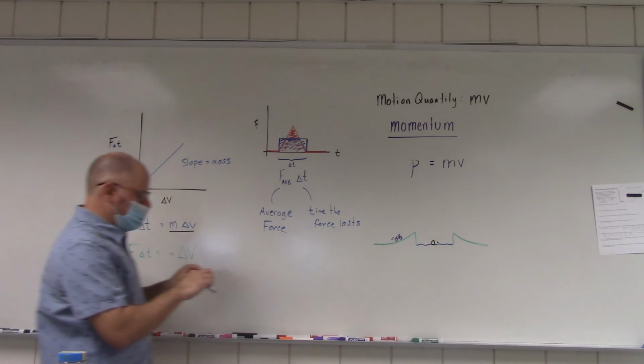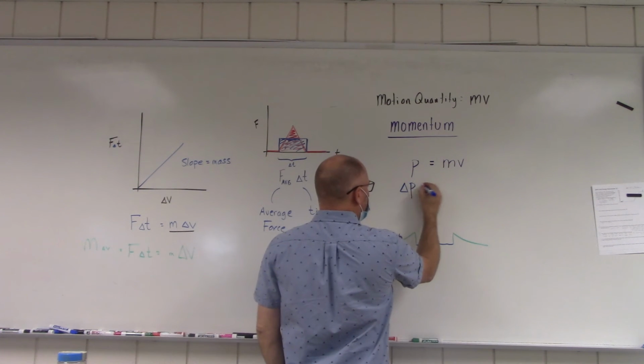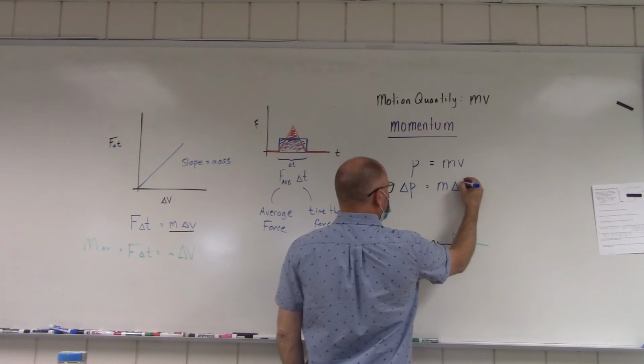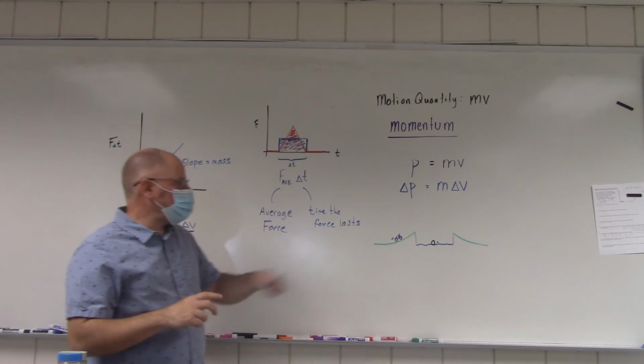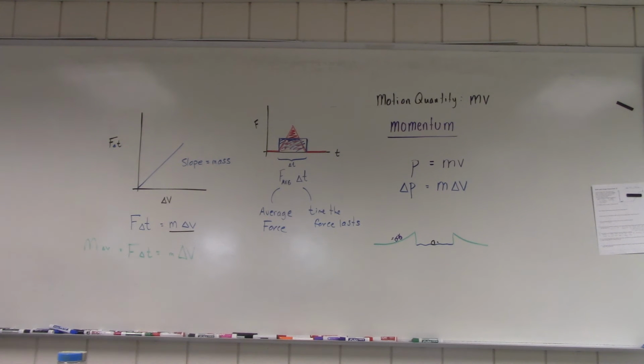Well, think about the way this looks. If I want to change the momentum of an object, the mass stays the same, but what changes as a result? The velocity. And so the change in momentum is the mass times the change in velocity, because the mass of the object is the same, right?